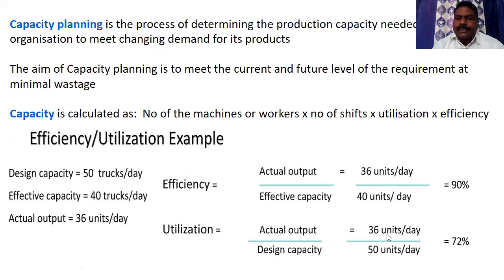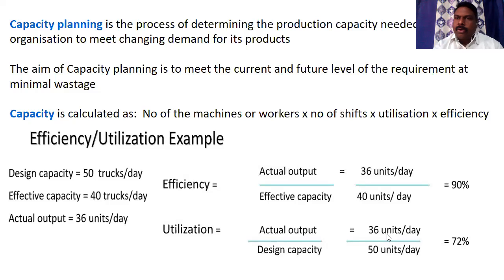So utilization is 72% and efficiency is 90%, into number of shifts into number of machines, you will get the capacity. So one more time you have to check: capacity is calculated by multiplying the number of machines or workers into number of shifts into utilization and efficiency.